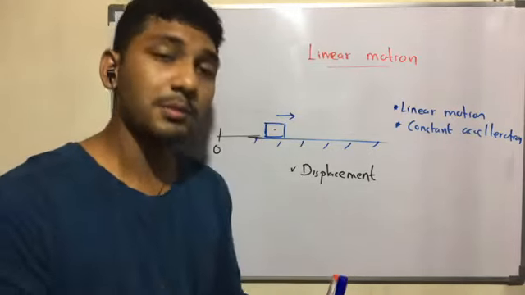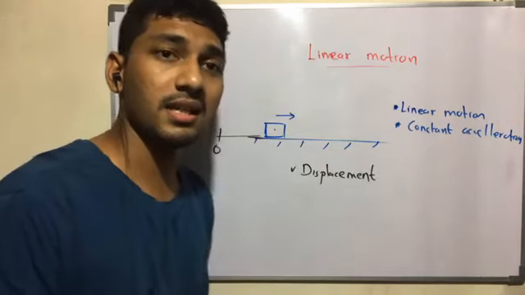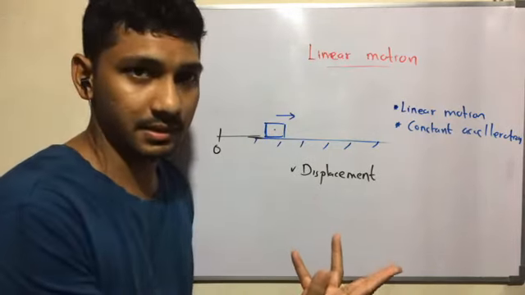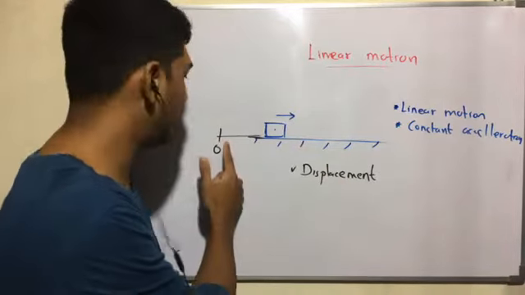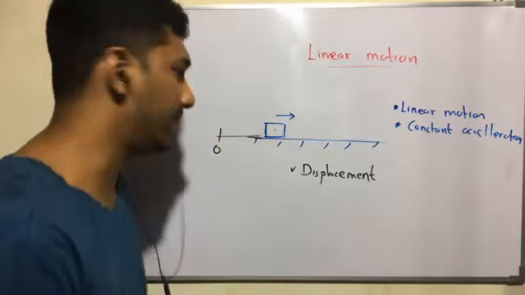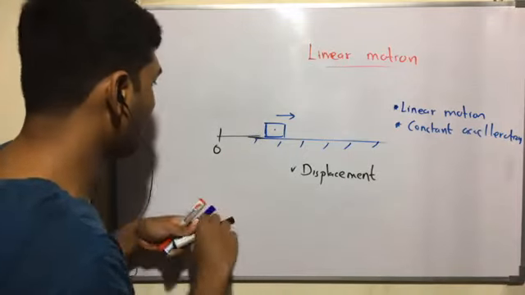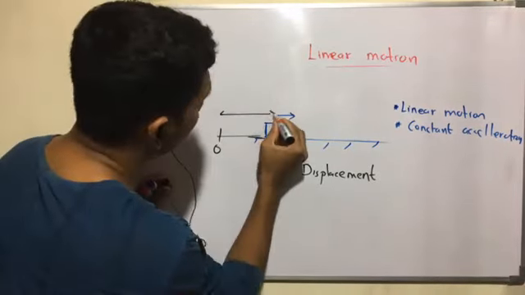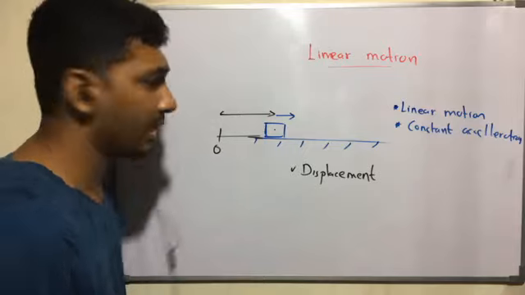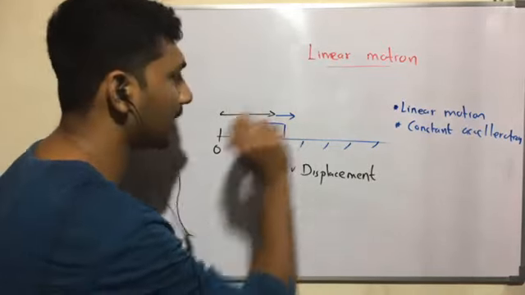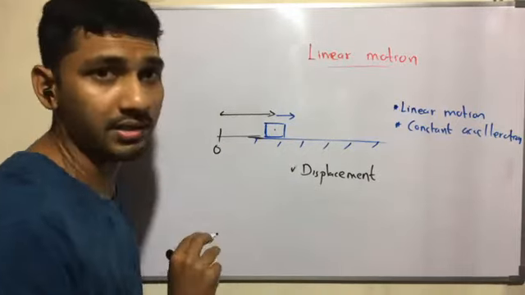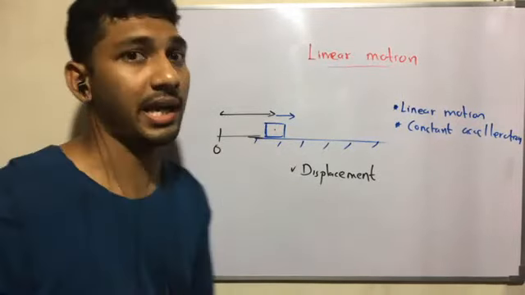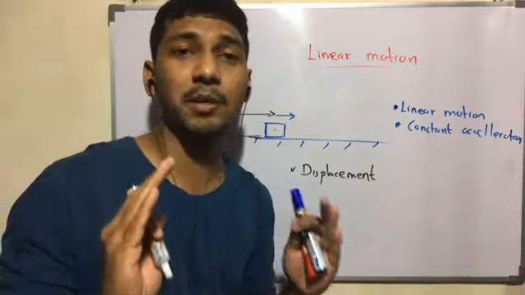Displacement is the shortest distance of that particular object from a particular point considered. For example, here the displacement from O is this shortest distance. You don't measure the distance like this in curved paths. You just draw a straight line connecting these 2 points, and if you measure the length of that line, that will give you the displacement.